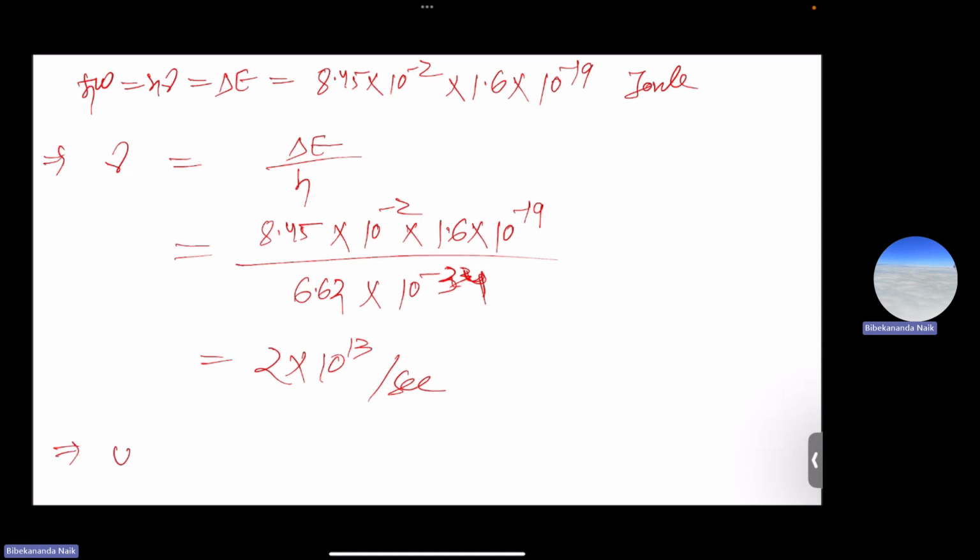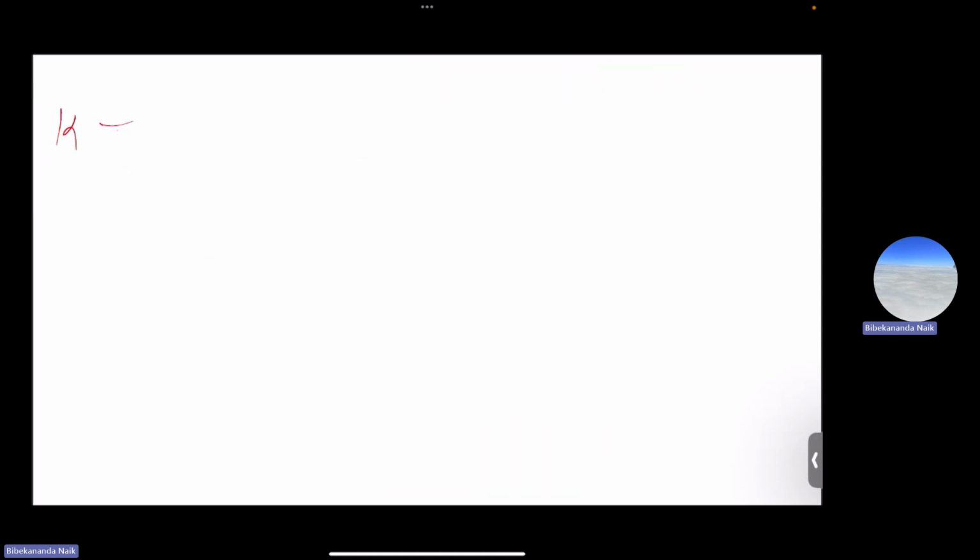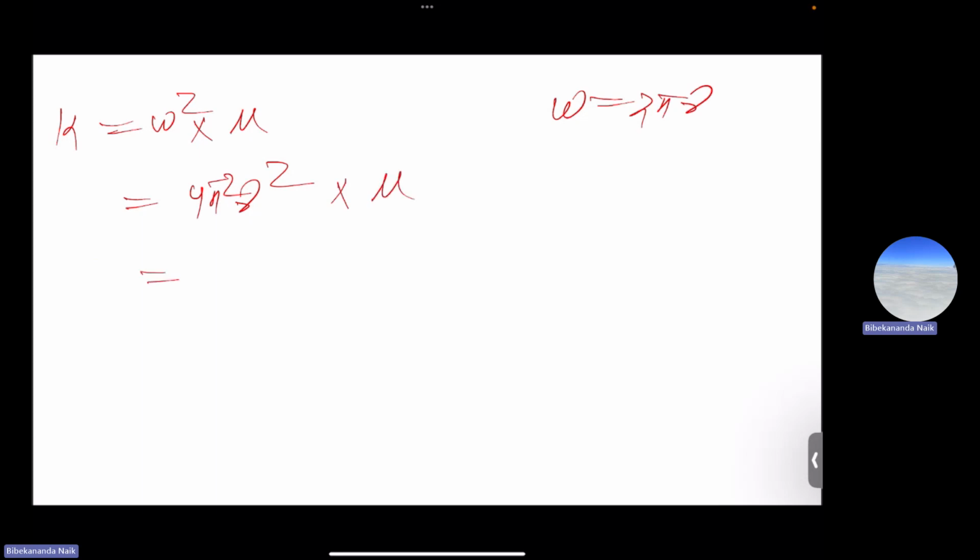Now omega is given by root of k by mu. So k is omega square times mu. Omega square is 4 pi square into nu square, because omega equals 2 pi nu, into the reduced mass.